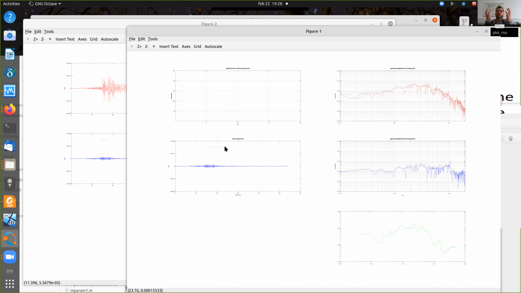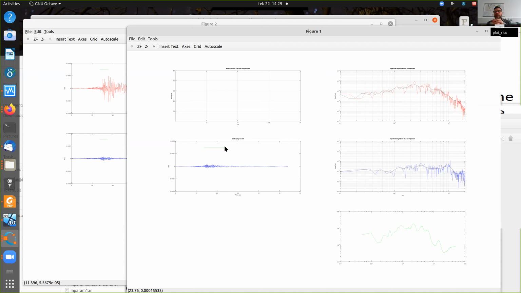So the point is always, when we are working in this field, we have to pay some compromise between what we can resolve with a Fourier transform due to the length of the signal, and how precise we are in defining the amplification of S waves. So we risk including more effects in our estimation.